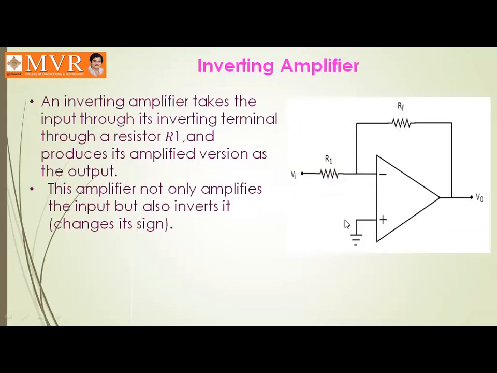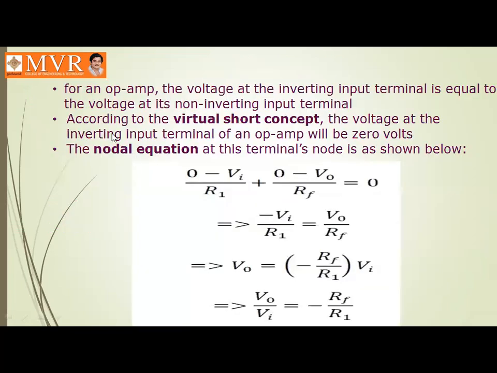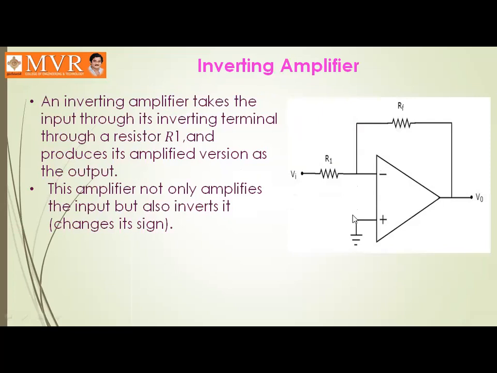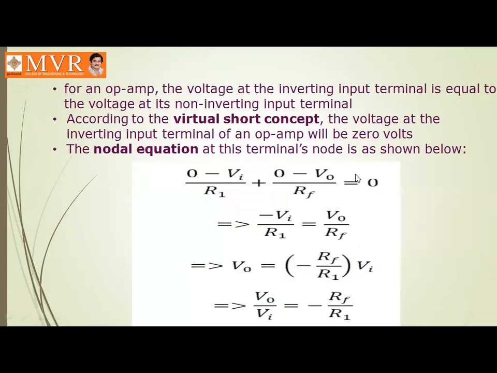So the inverting and non-inverting terminal voltages must be equal. According to the virtual short concept, the voltage at the non-inverting input terminal of the op-amp will be 0. So when this terminal is grounded, the potential at this node is also grounded. We are going to consider this node as V1.